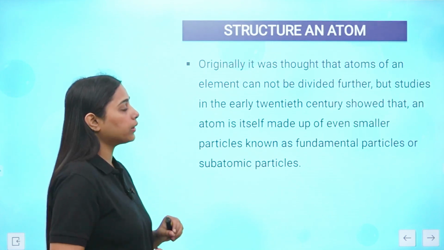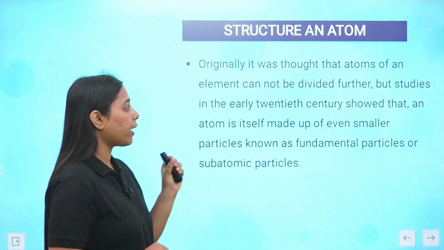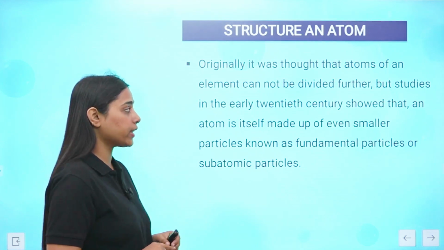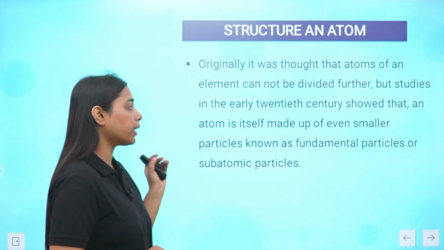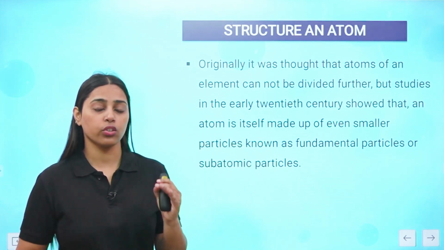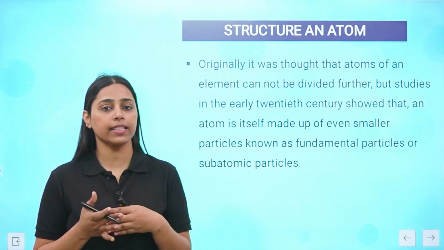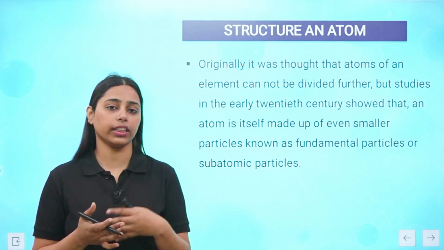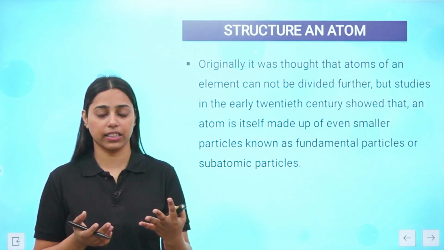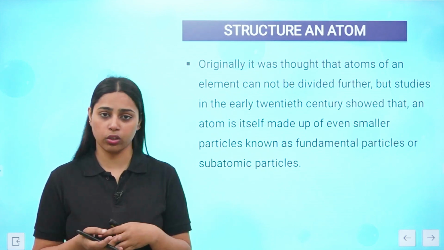Originally, it was thought that atoms of an element cannot be divided further. But studies in the early 20th century showed that the atom is itself made up of even smaller particles. Till Dalton gave his theory, it was said, and it laid the foundation, that matter is made up of these tiny particles, atoms, and it is not further divisible, from the Greek terminology itself.